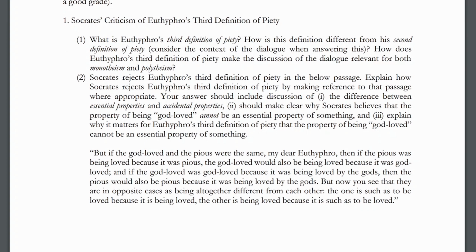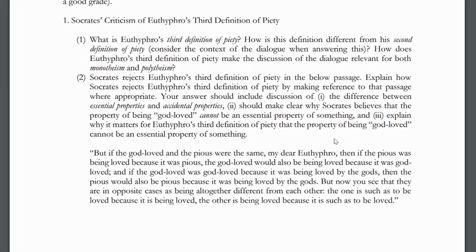Then also notice another thing you'll commonly see in the prompts you can find in part 2 of the question. Here it says, explain how Socrates rejects Euthyphro's third definition of piety by making reference to the passage below where appropriate. Right, so I'm telling you here that what I want you to do is explain what is going on in this passage, and then I go on to further explain that to do that, you need to answer and address each of these 3 points. 1, 2, and 3.